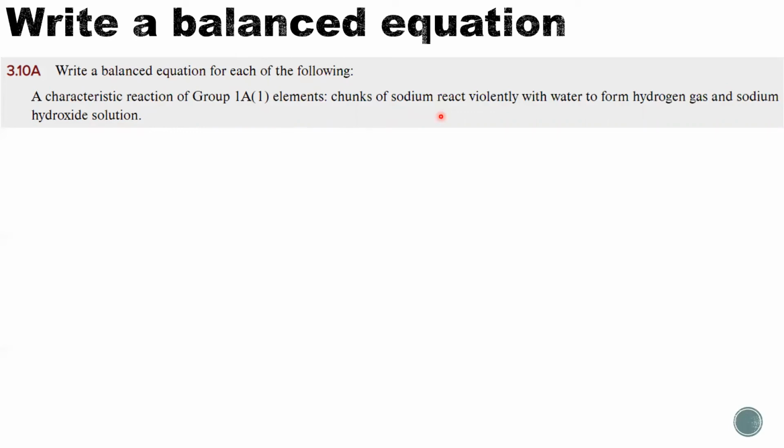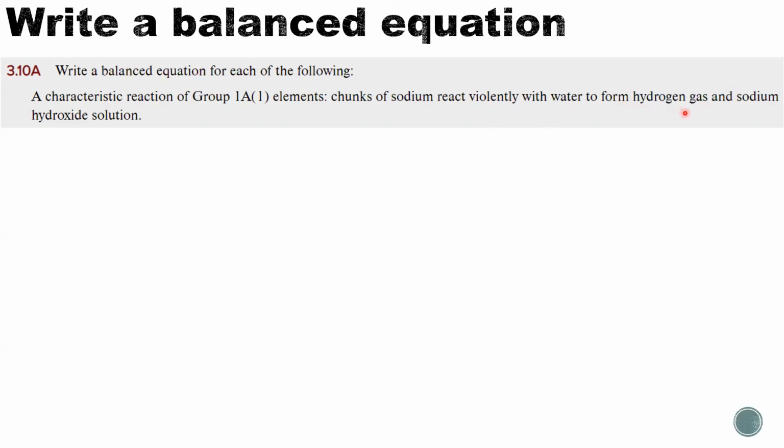Okay, let's take a look at it. First of all, you need to identify what are reactants, what are products, and you need to come up with the correct formulas. Sodium is one of the reactants, as you can tell by the word react. React with water, so reactants are sodium and water. And the word form indicates whatever comes after are products.